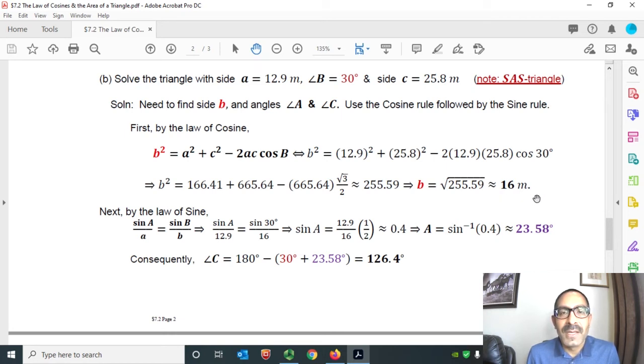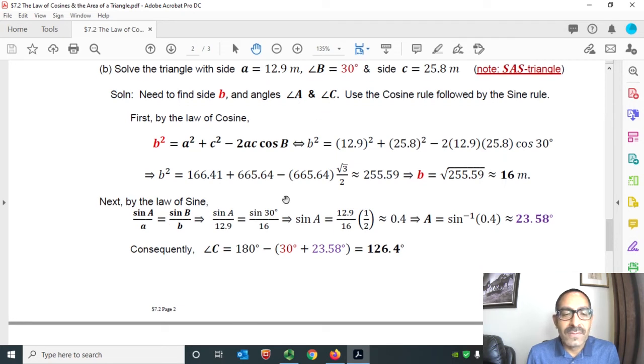Awesome. So next, to find angle A and angle C, let's apply the law of sines. From the law of sines, we know sine A over little a equals sine B over little b. Angle A is what we need to find out, angle B is given to us, and side b we just found here. So let's plug in the values.